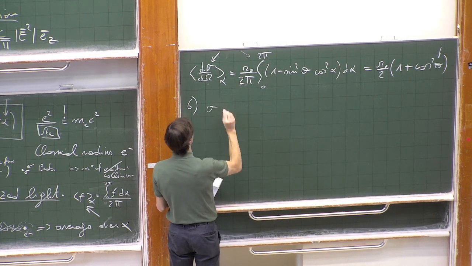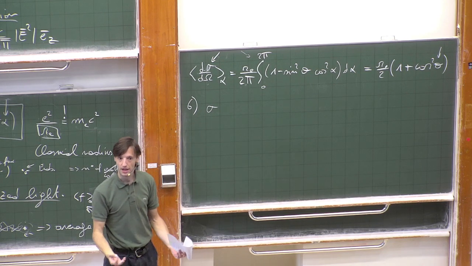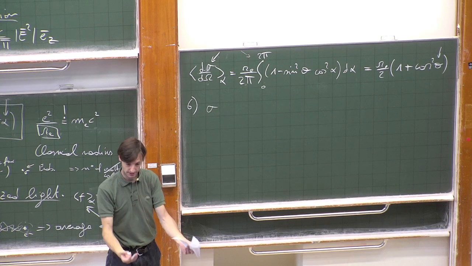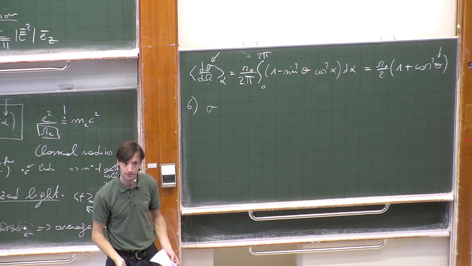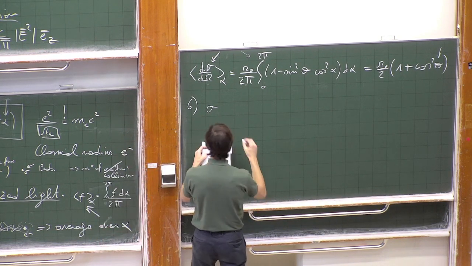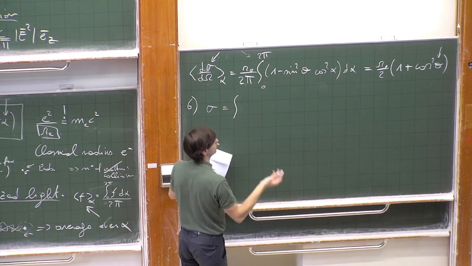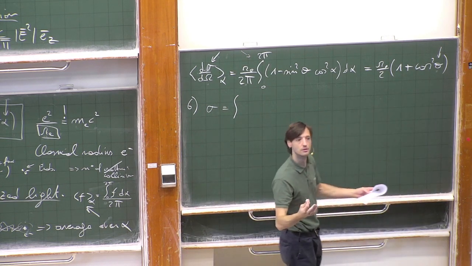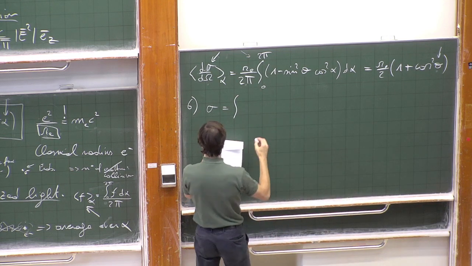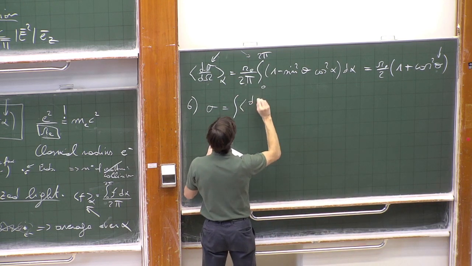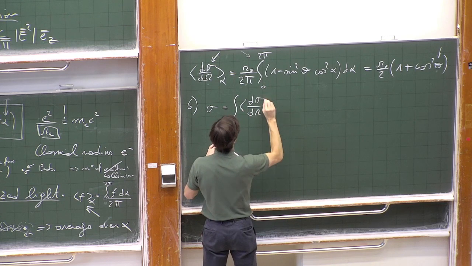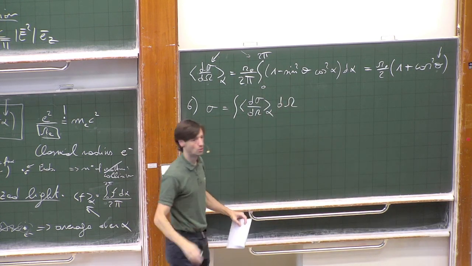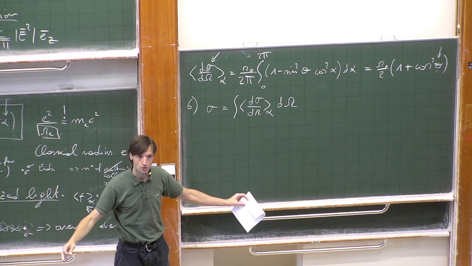Now let's try to look at the total cross-section. It's going to give you the amount of flux that is captured and scattered by the electron. And how do we get it? Well, we just need to make an integral over all possible angles. Therefore, we get our function, d sigma over d omega, and we now integrate over all possible solid angles, right?